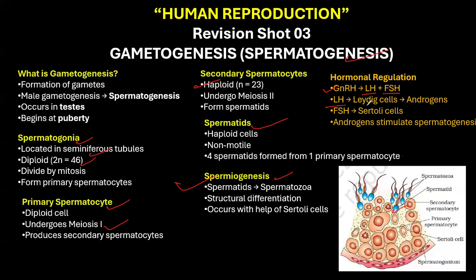LH acts on Leydig cells and stimulates the secretion of androgens like testosterone. FSH acts on the Sertoli cells and promotes spermiogenesis. Androgens maintain and stimulate spermatogenesis. So this is all about spermatogenesis. This diagram is very important, which has been taken from your textbook itself.